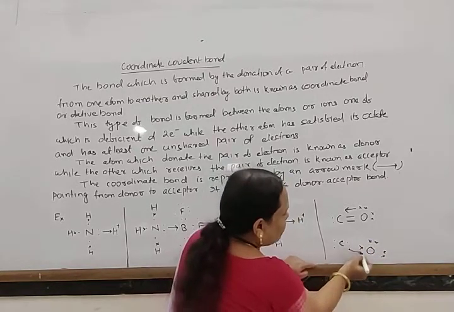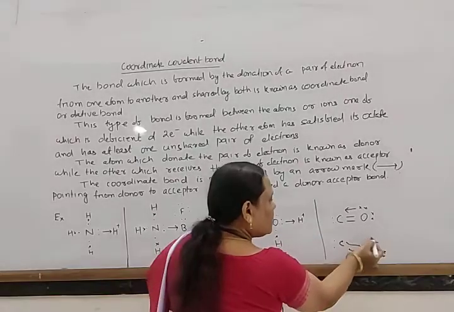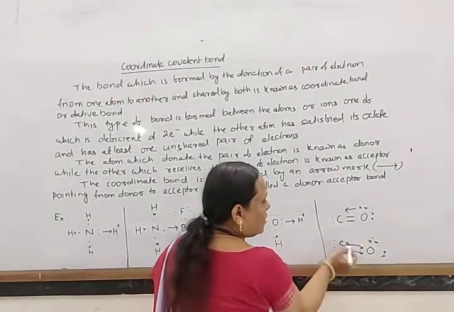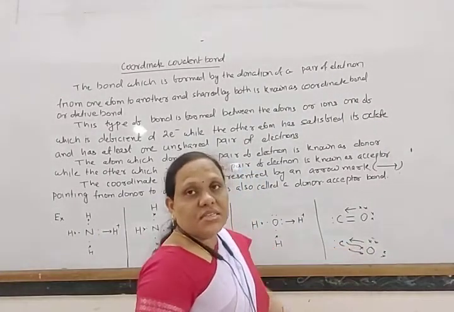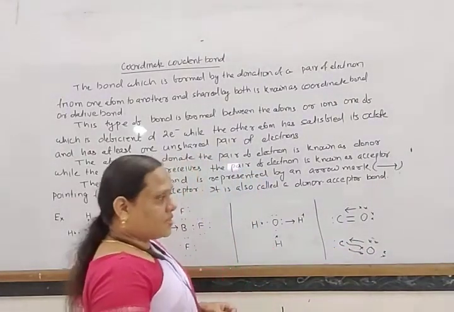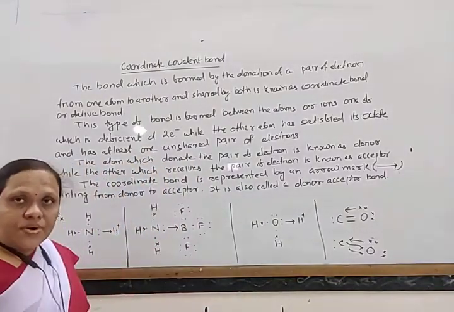In this way they form 2 covalent bonds, and another unshared pair of electrons from oxygen is donated to carbon. So 3 bonds exist between carbon and oxygen. Okay, so this is about the coordinate bond.